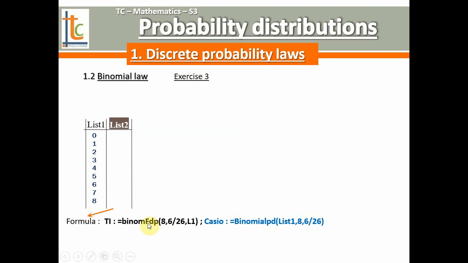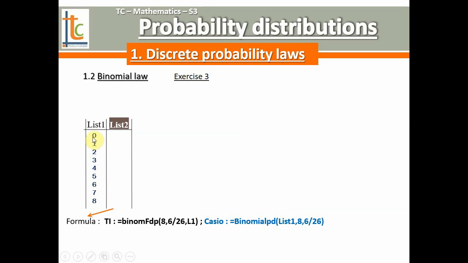FDP stands for fonction de distribution ponctuelle, French initials, meaning punctual distribution function. So it could be FPD on other Texas, and it's PD on Casios. Punctual distributions allow you to calculate the probabilities of x equals a given number.